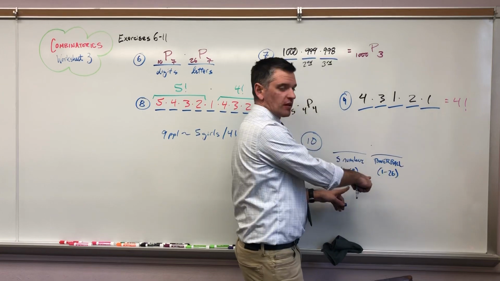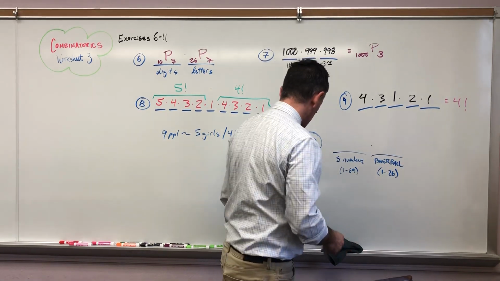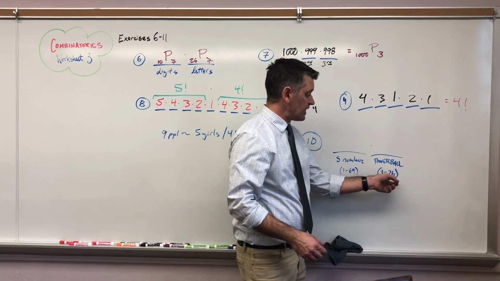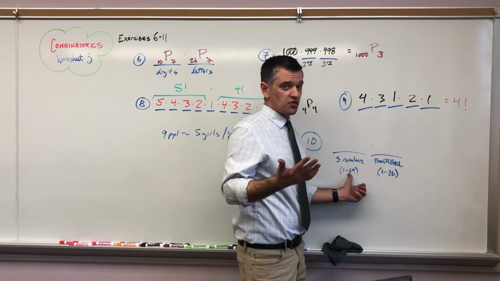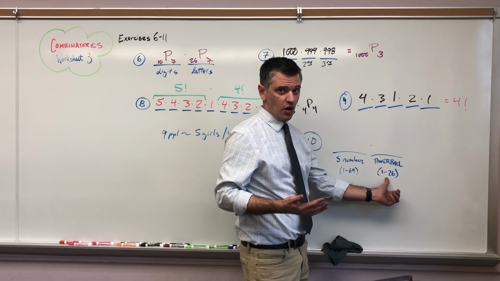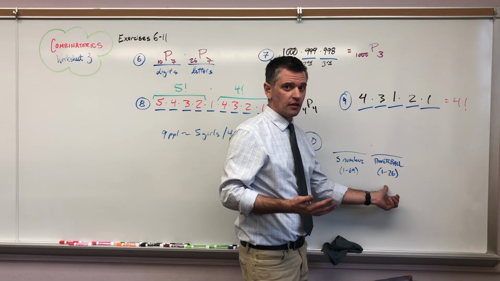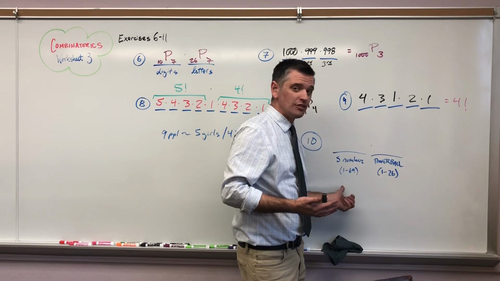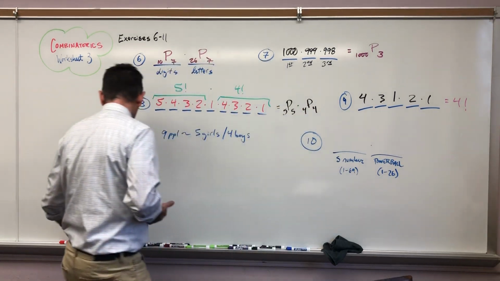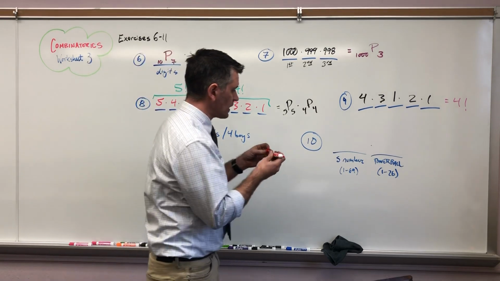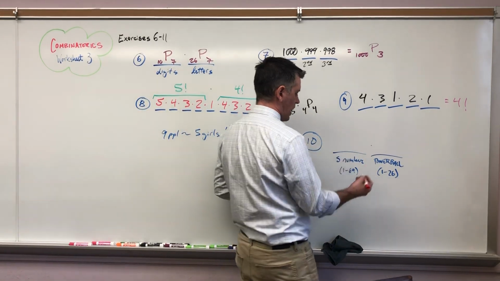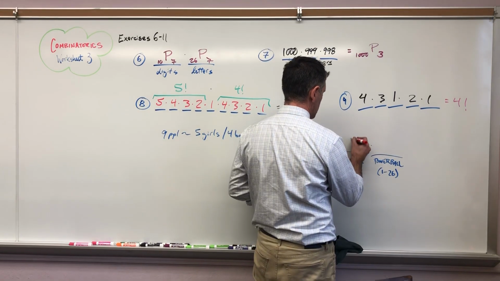Because they're being drawn from different sets, the no repetition applies to the first 5 numbers. Say that one of these numbers comes up as 11. Because I have a whole other set of numbers that I'm drawing from, the Powerball could also be 11. So I can have repetition between the 2 tasks, just not in this first group. Important to distinguish. Okay, so 5 numbers, no repetition, order doesn't matter, combination, 69C5.